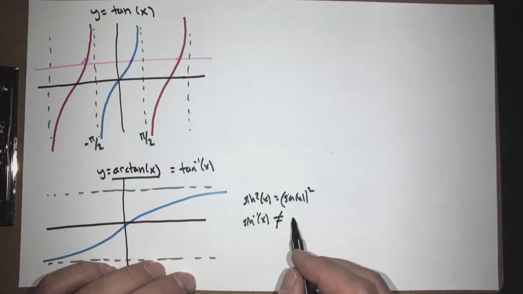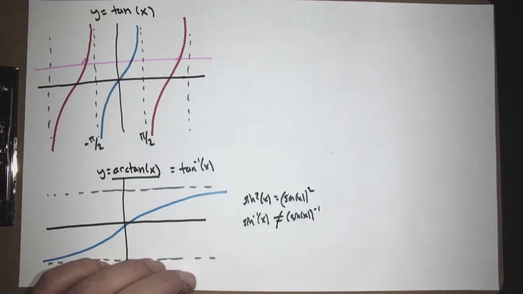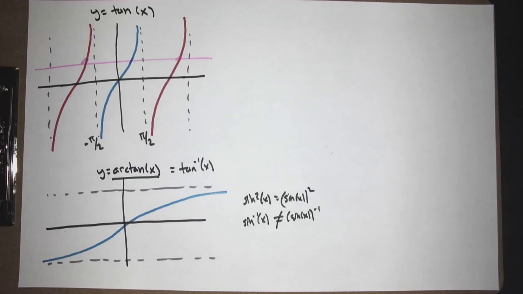It is not sine of x to the minus 1. It's the inverse function. So there's this bad notation. We know it's bad. We've known about it for hundreds of years. But we're just so stubborn that we never fix it. So use arctangent.